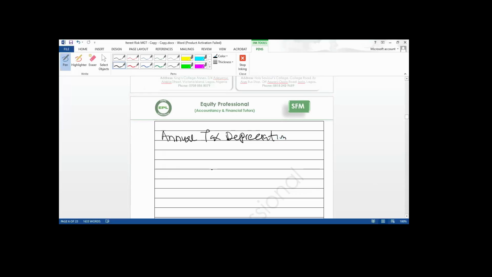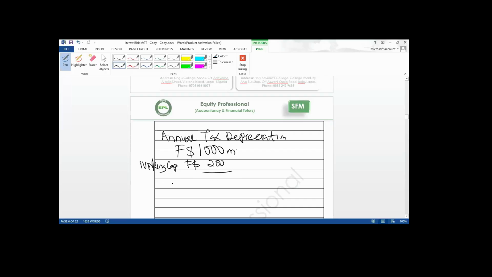Now remember that the total project is $1 billion. That is 1,000 million. Out of this money, you have working capital. Working capital is $200.